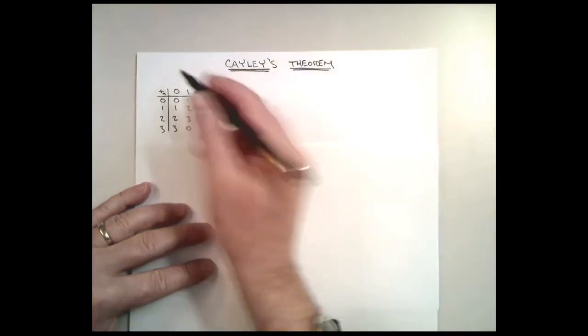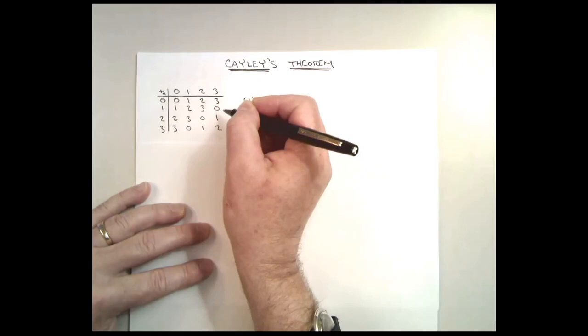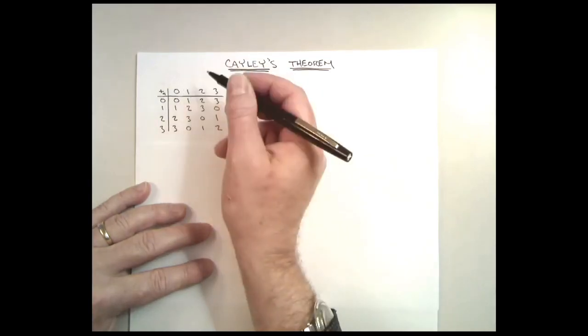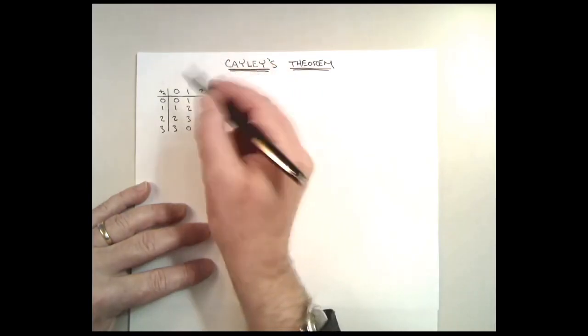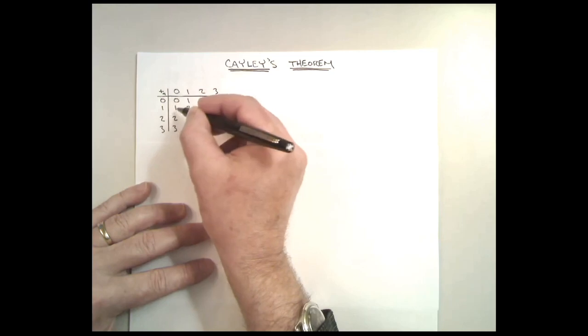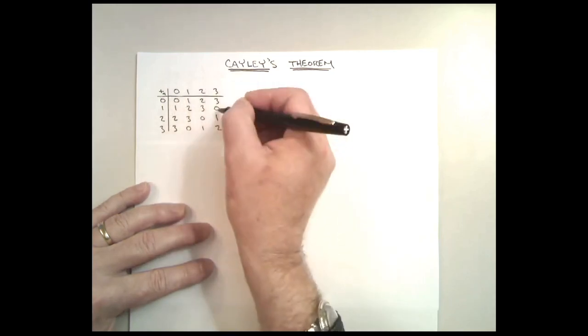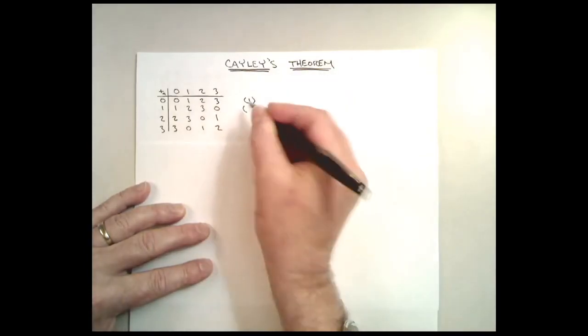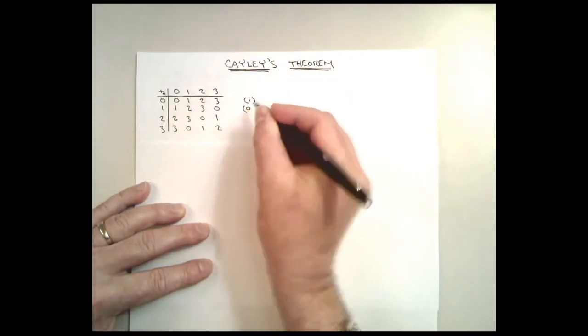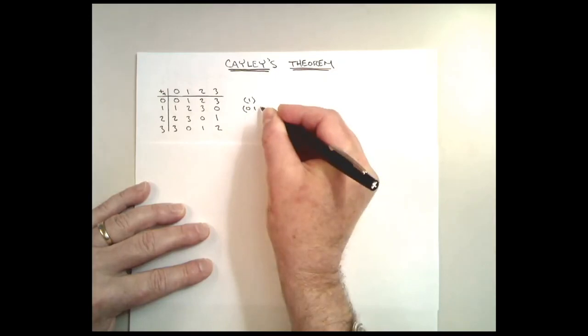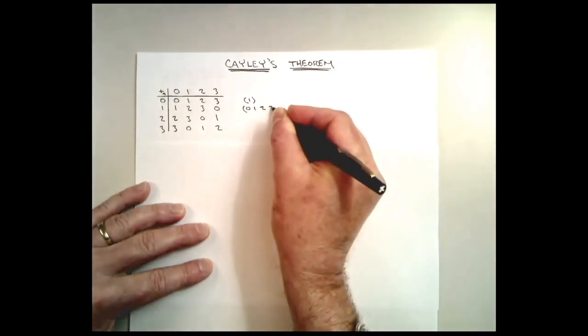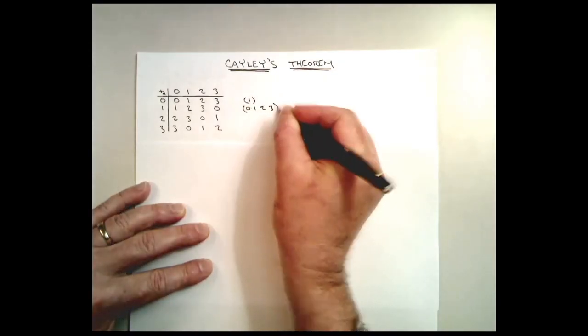The second row can be viewed as the permutation that sends 0 to 1, 1 to 2, 2 to 3, and 3 to 0, right? Sends 0 to 1, 1 to 2, 2 to 3, and then 3 back to 0.